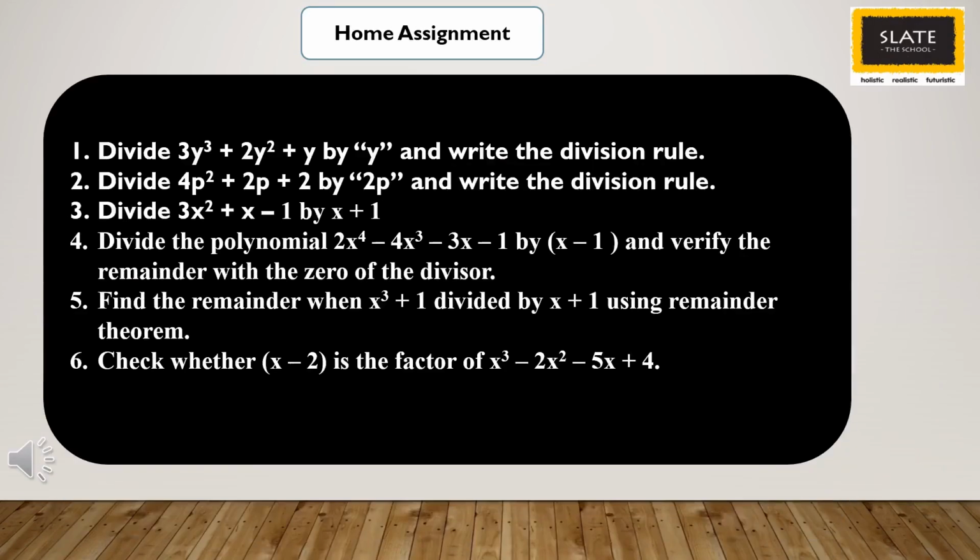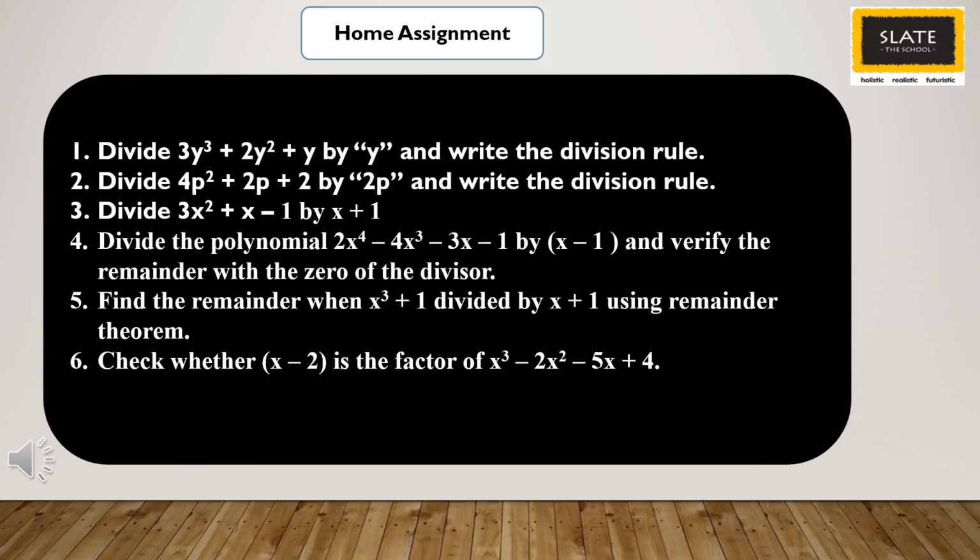Children, take down this home assignment and write the solutions. First one, divide 3y cube plus 2y square plus y by y and write the division rule. Here division rule in the sense dividend equal to divisor into quotient plus remainder. Second one, divide 4p square plus 2p plus 2 by 2p and write the division rule.